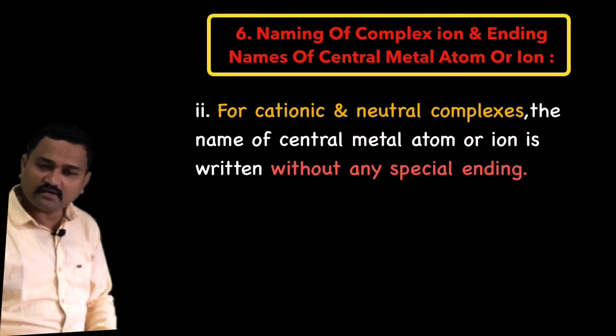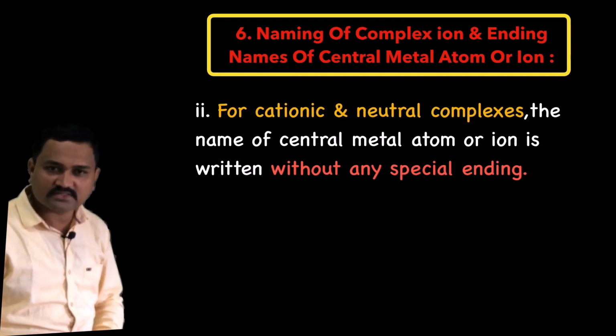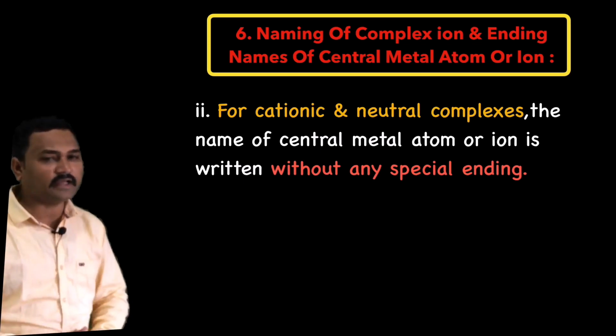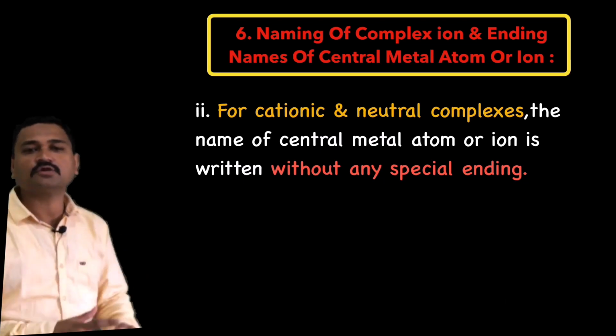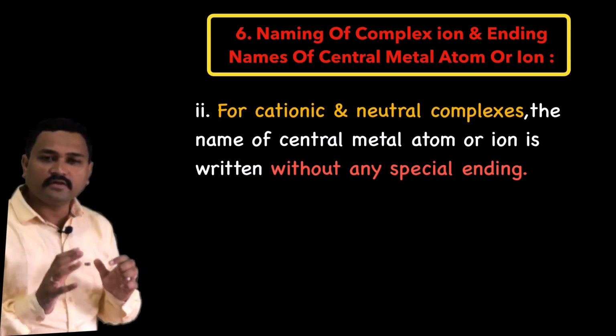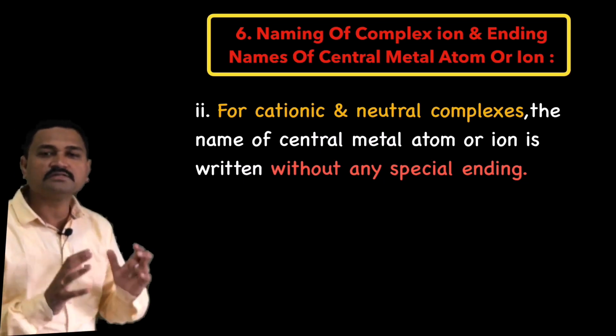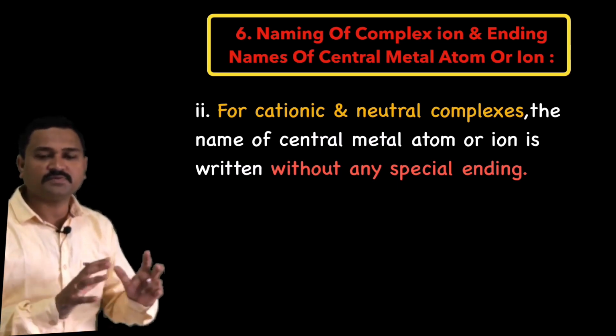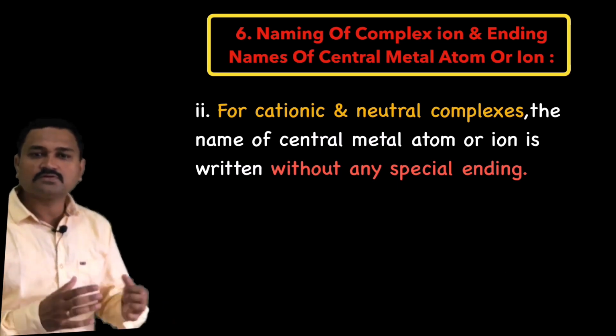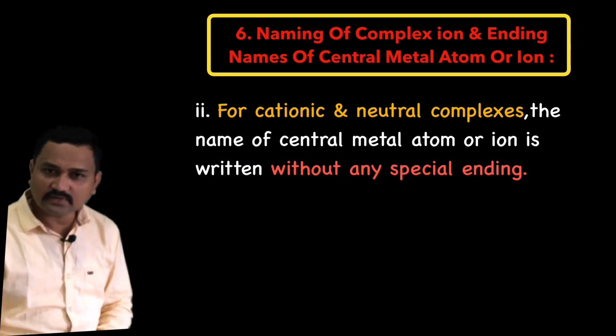Now the second point for our rule number 6. For a cationic complex or a neutral complex, the name of the central metal ion is written without any special suffix. So let us consider an example.